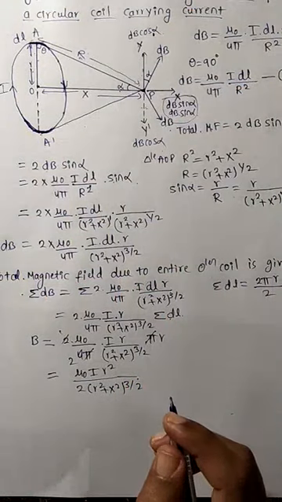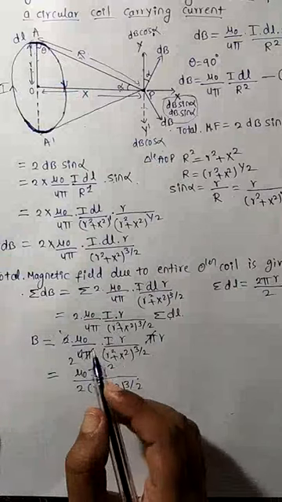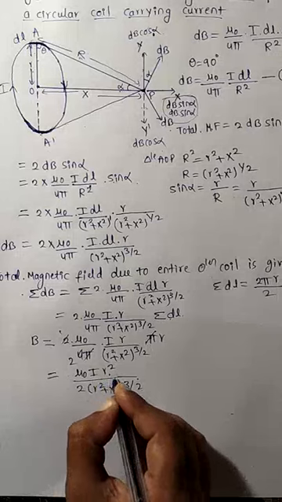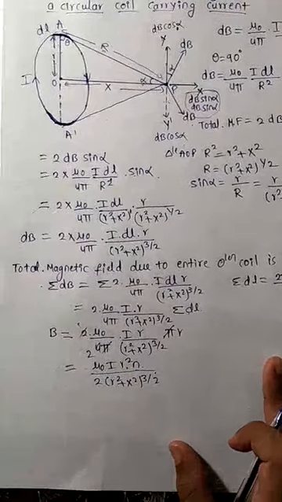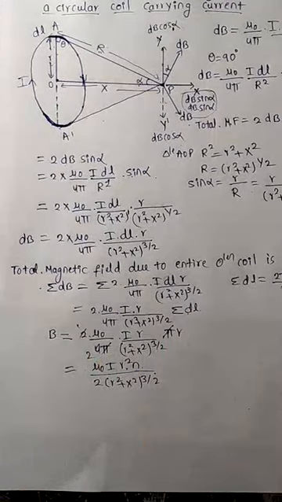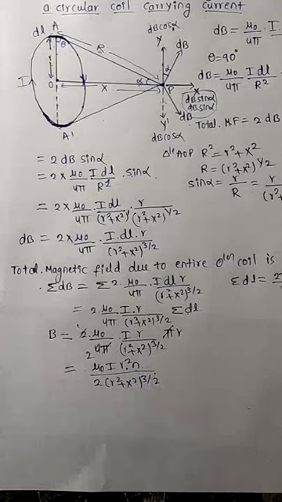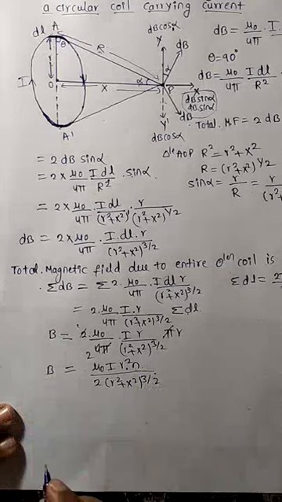If n number of circular coils are there, this value becomes mu naught into I into r square into n, because n is the total number of circular coils. If only one circular coil is there, n is equal to 1. If you wound two circular coils, n is equal to 2, like that. So if n is the number of turns in the circular coil, you multiply by n. So this is the B value we got.